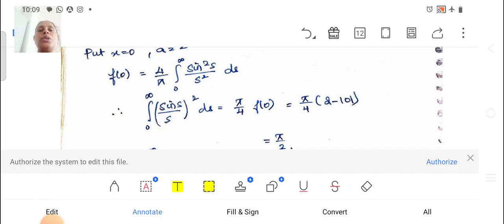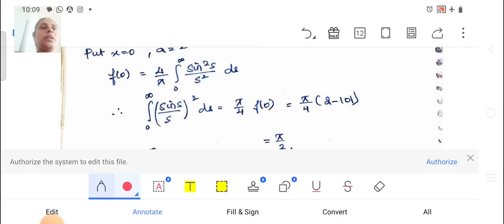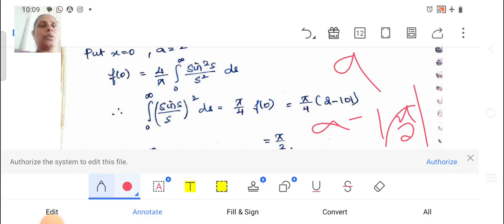Then we substitute s equal to t, so (sin t divided by t) the whole square dt. After that, similarly the right hand side is f of x. Here also we replace x equal to 0. So it is a minus mod x, x is 0, so only a value remains, which is 2, so here the left hand side is 2.